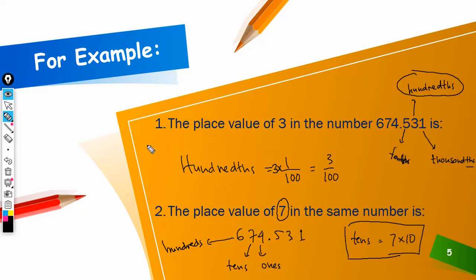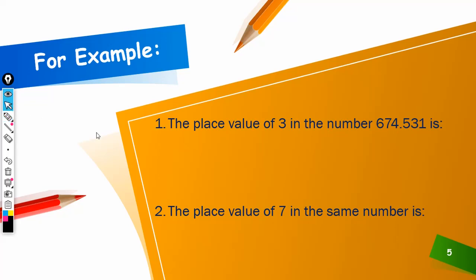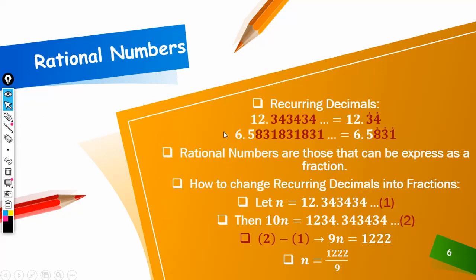So I think this is clear for place value. Now let's move to the next part, which is rational numbers. Before I explain about rational numbers, you need to understand recurring decimals. What is a recurring decimal?